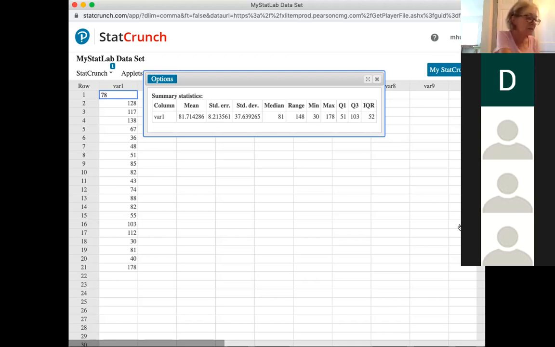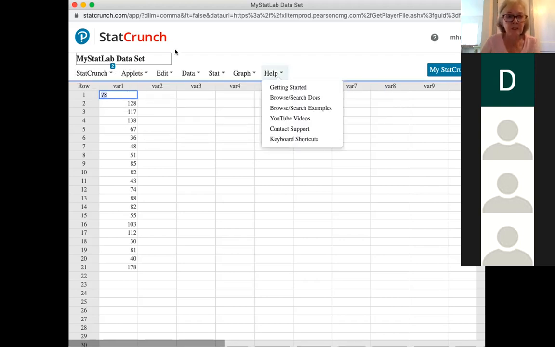So the mean is going to be 81.71. And the median is going to be 81. And Q1 is going to be 51. And Q3 is going to be 103. And the IQR is going to be 52. So we can kind of X out of that.